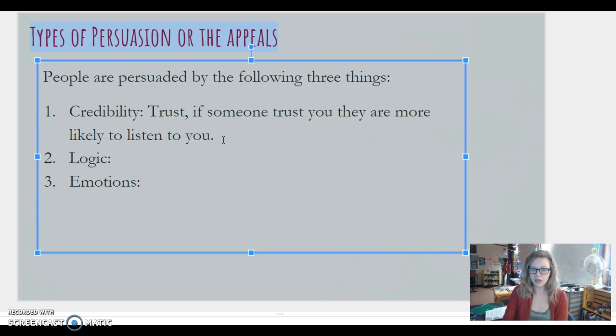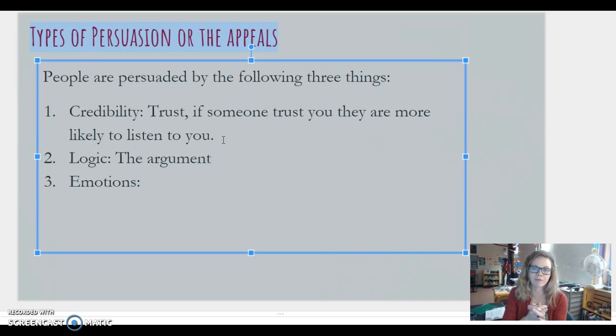Okay? The second type of appeal here is logic. And this is where the argument happens. So if you trust someone, but you're not really sure about it still, then you might want an argument.